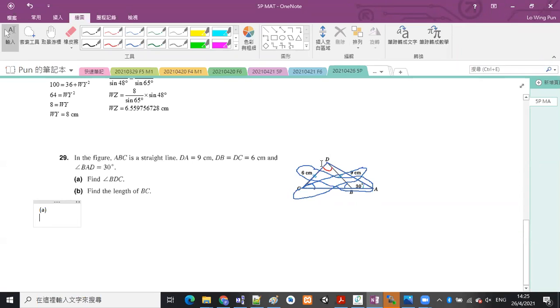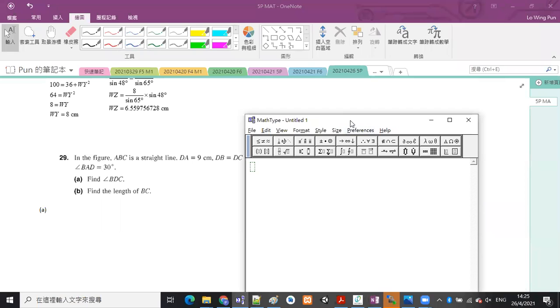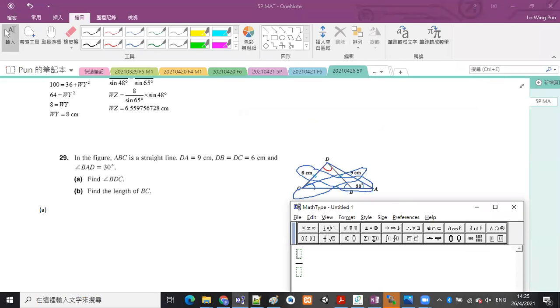Okay, so first, in triangle ADC, that is the largest triangle, I'm going to set up the sine formula here. Because I want to find the angle, I put sine angle DCA on the top left corner and it should be divided by 9. That is the corresponding length.